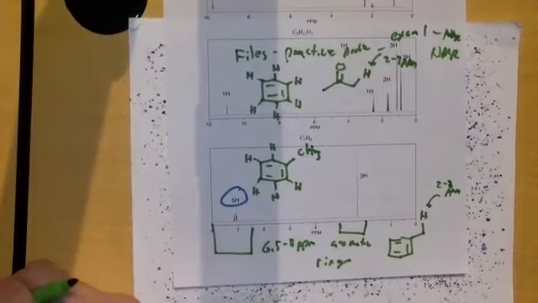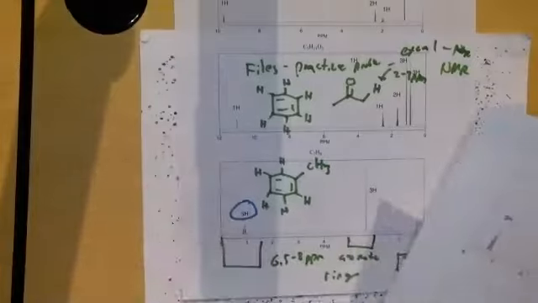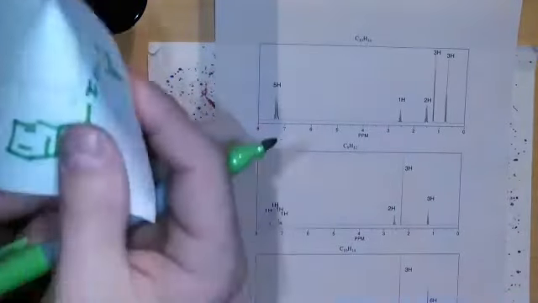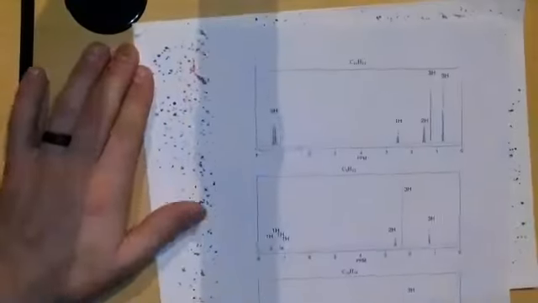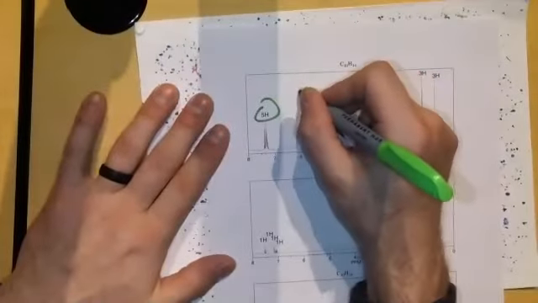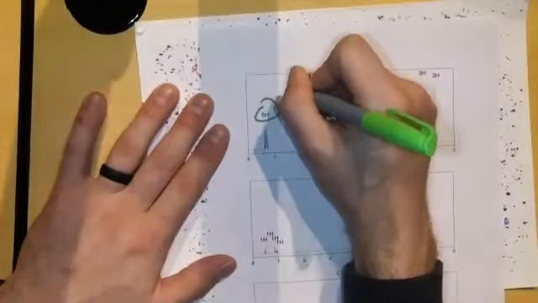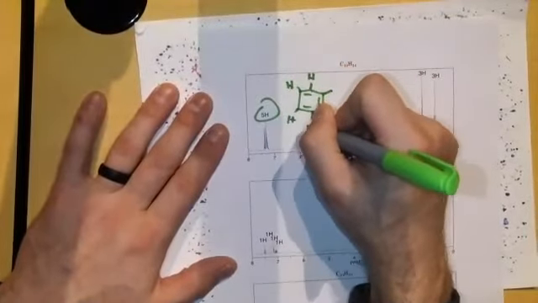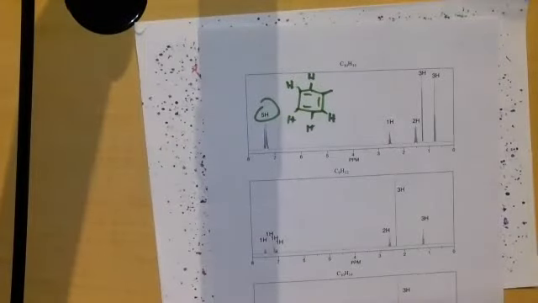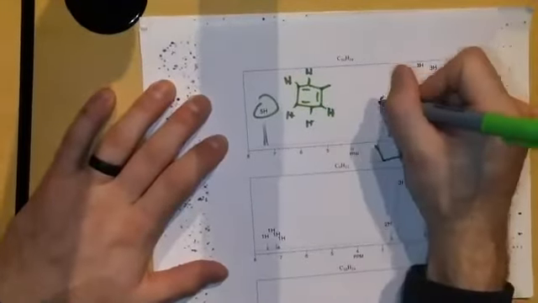All right, looking at a more complicated one. Still doing 5H. We'll get into 4H in a minute. We've got an aromatic ring. We've got one peak in the 2 to 3 range, the CH.